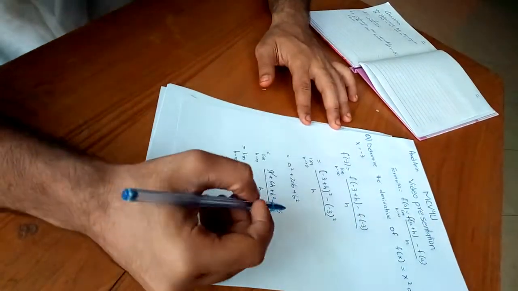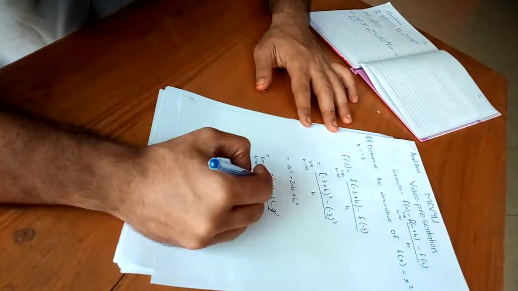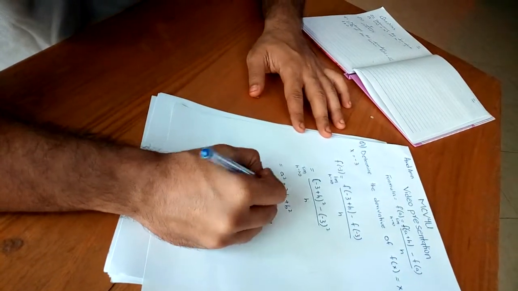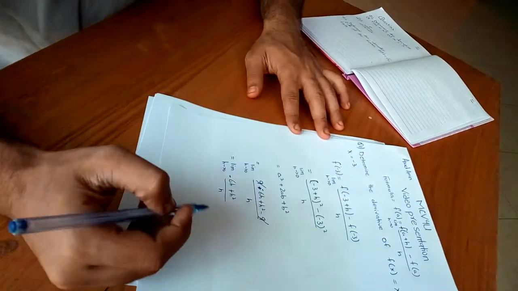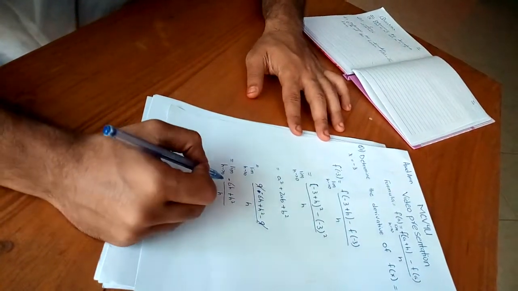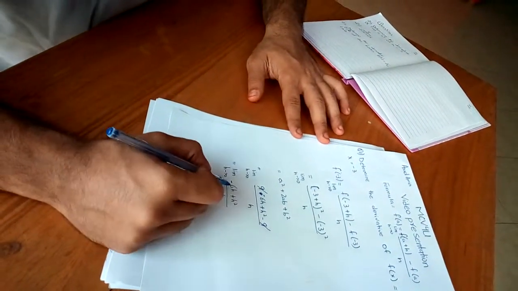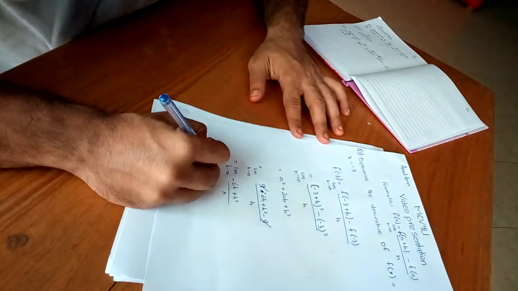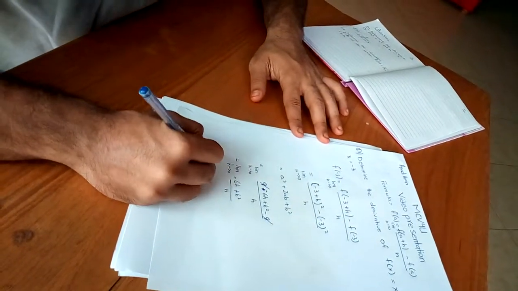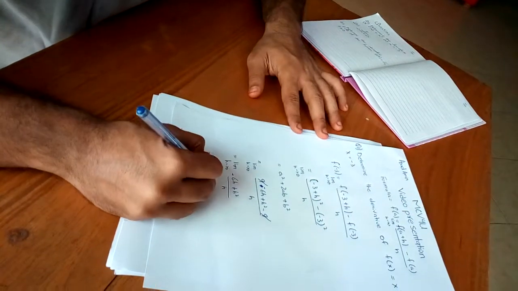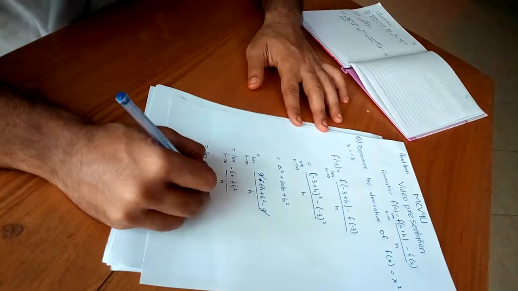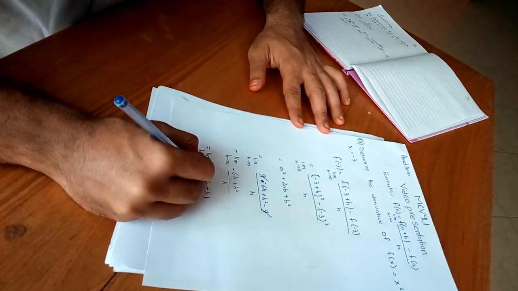Sorry, it's negative over here. Now as you can see, we have h common over here, so we'll be taking h common. So it will become h times negative 6 plus h over h.